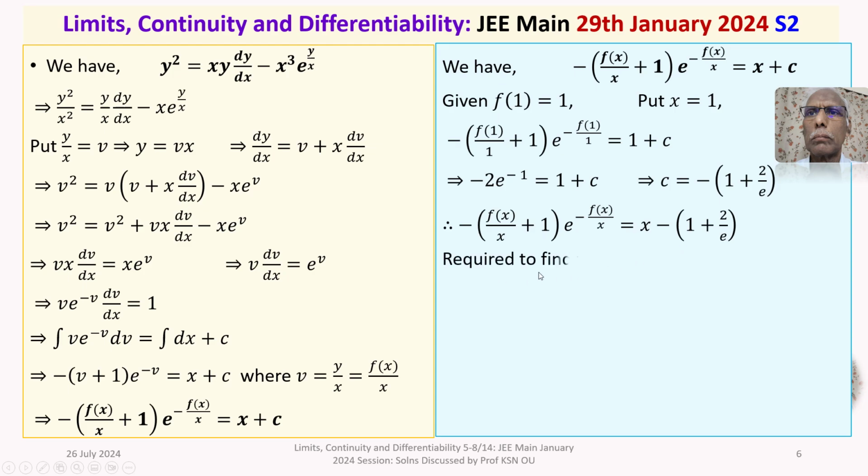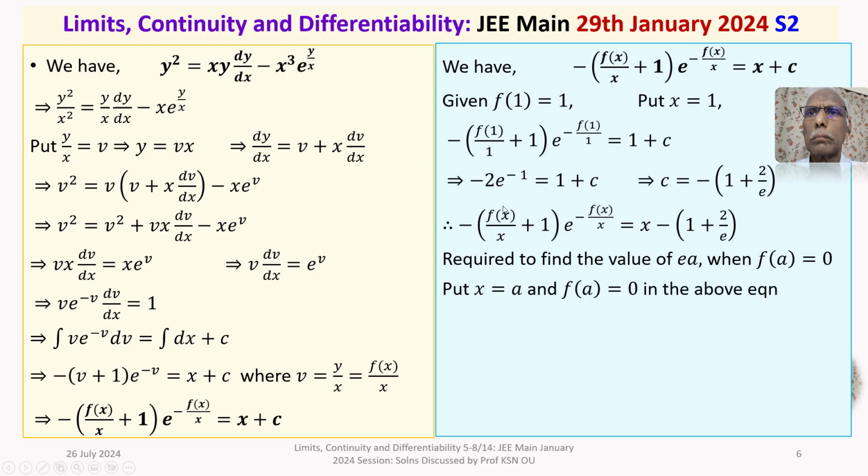Now, required to find the value of ae when f of a is equal to 0. So, in the above equation, put x is equal to a and f of a equal to 0. So, substitute x is equal to a in the above, then you will get this. Then f of a is equal to 0, then you will get minus 1 into e to the power of 0, 1.